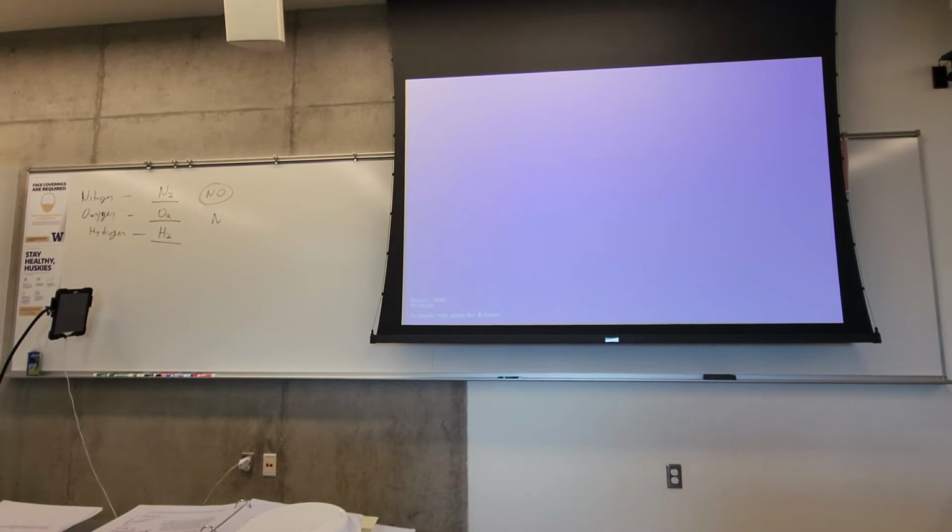So 60% here. It's hard to read. It'd be 144 right here. It says 148, it's supposed to be 144.